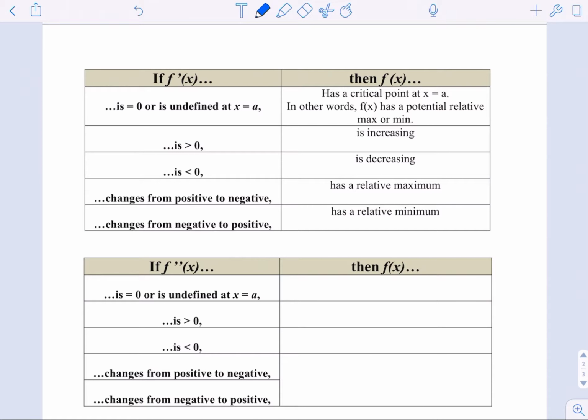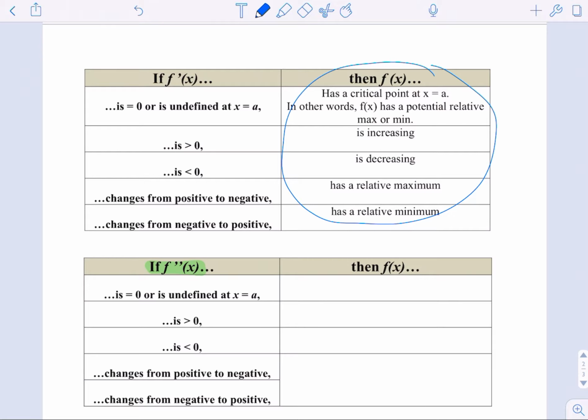All right, so now we want to introduce the second derivative right here, okay? These are the answers that we came up with last time. I just put it in a neater form. And we know that the first derivative gives us all this information, right? But I'm letting you know now that the second derivative also gives us information too.